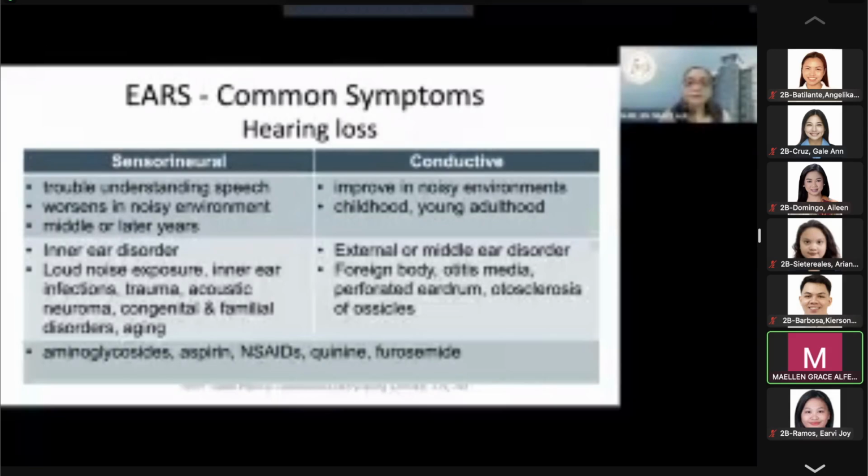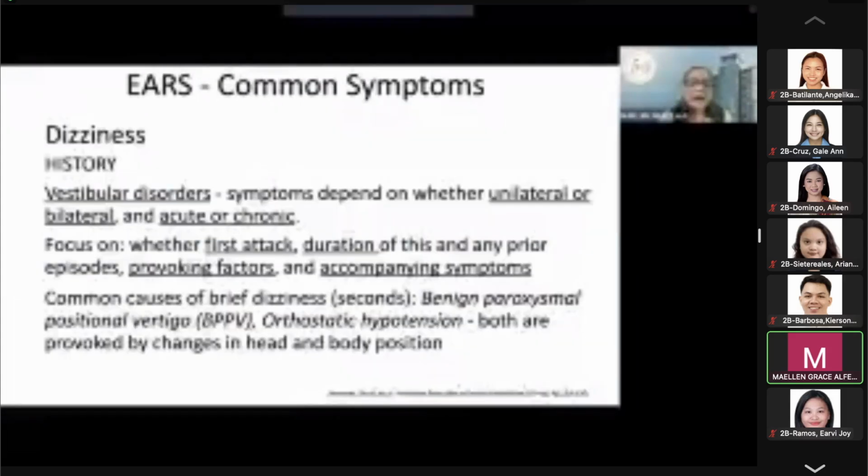Now, another symptom that is a common problem in the ear would be dizziness. When you have somebody who has dizziness, it is important in the history to really characterize the dizziness, as dizziness is not always a vestibular disorder.